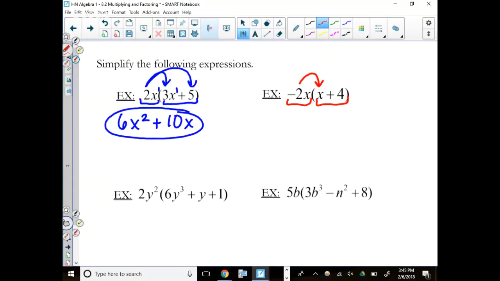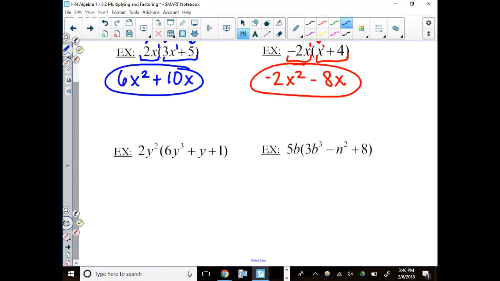So negative 2x times x minus 2. And then since we're multiplying, we'll add the exponents: negative 2x squared, and negative 2x times 4 would be negative 8x. Again, they're not like terms, already in standard form, so we're done.